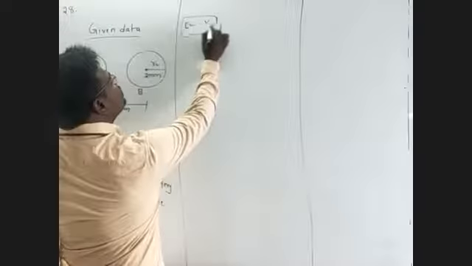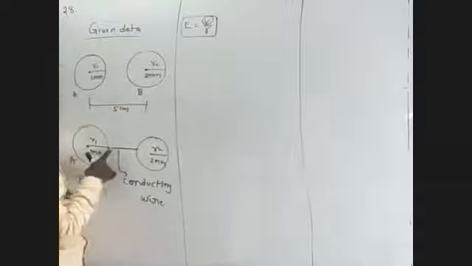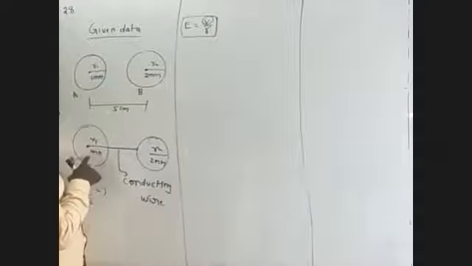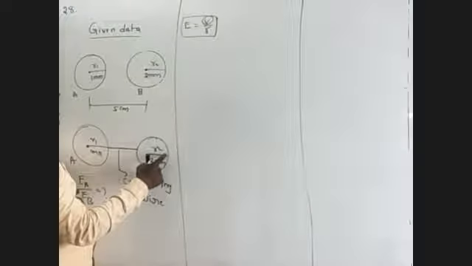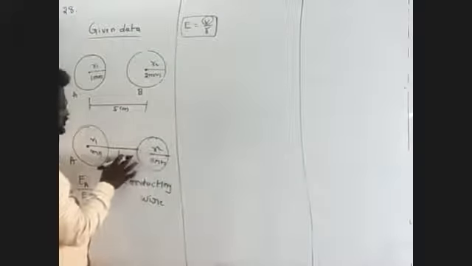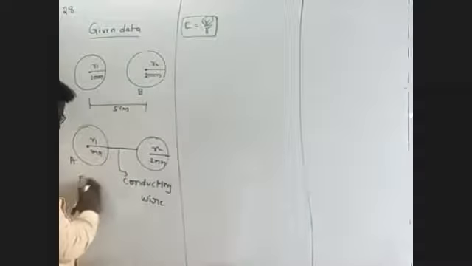So here the electric potential is constant. Why? Because this is a connecting wire. One end is connected to one body, and the other end of the wire is connected to the next spherical body. So what is the potential at point A and point B in the equilibrium situation?